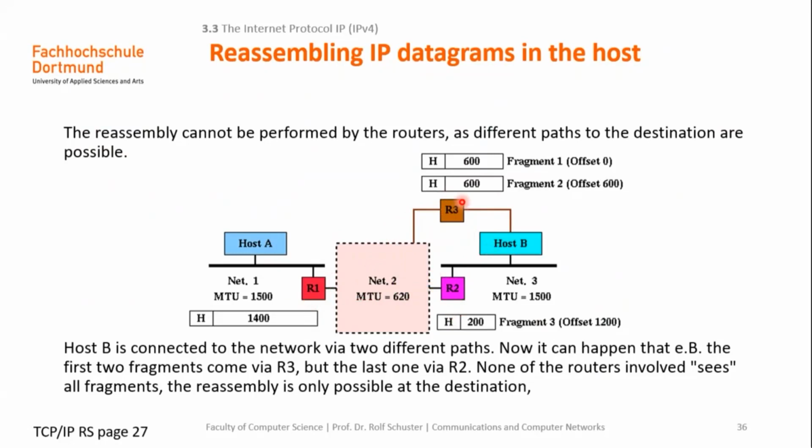This is the explanation that justifies why we can't reassemble the datagrams in the intermediate systems, because the intermediate systems will not necessarily receive all the fragments designated to the final destination host.